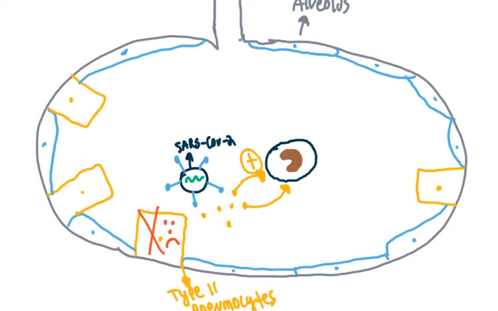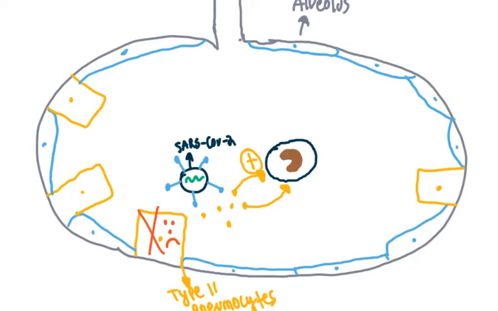The alveolar macrophage is like, alright, I got you, let's destroy these viruses. I'm going to release some of my inflammatory cytokines so we can attract more white blood cells to this area and start to fight off this virus that we're infected with.